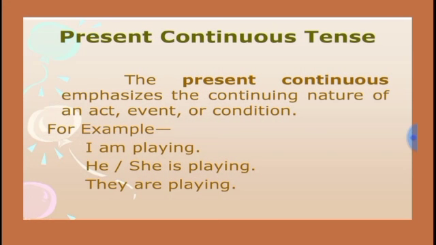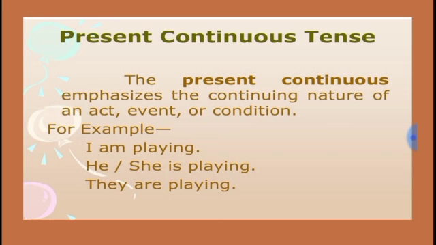Then, present continuous tense. Now, the present continuous emphasizes the continuing nature of an act, event or condition or an action. Okay, for example, I am playing. Now, as we have seen in the rule part, present continuous, I is the subject, am is the helping verb and play is the verb, that is the action plus ing.